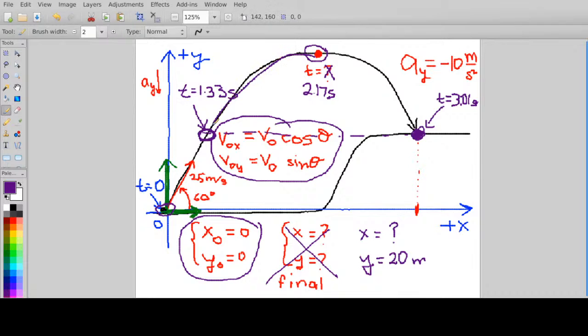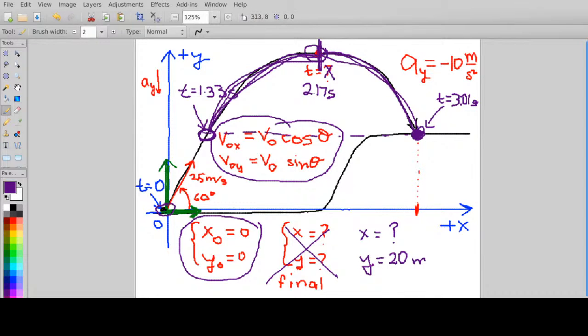If you were to measure the time it takes to go from 1.33 seconds to maximum height, and then you measure the time it takes to go from the maximum height to, again, the 20 meter height, but on the top of the hill, it turns out that those two parts of the parabola are exactly the same amount of time, okay? Which makes sense because the parabola is symmetrical about the maximum height here.